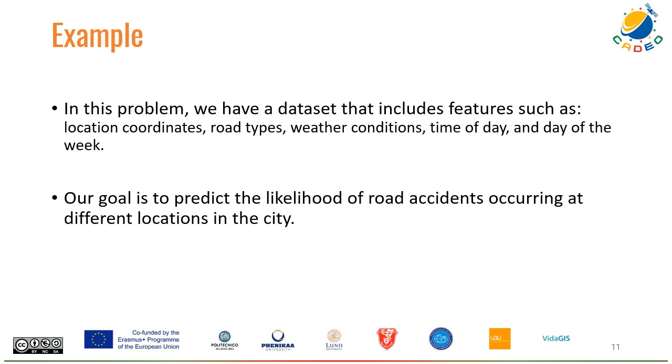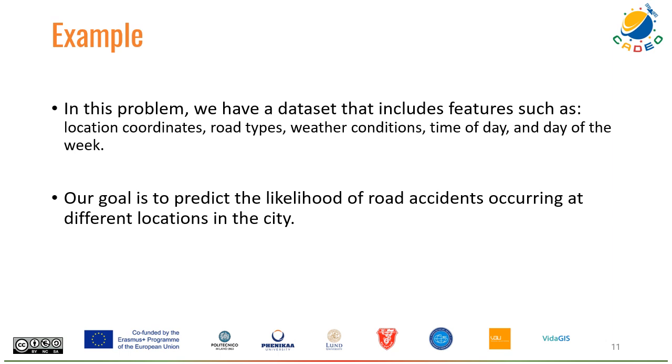Let us consider an example where stacking can be applied. In this problem, we are tasked with predicting the likelihood of road accidents occurring at various locations in the city using a dataset containing features such as location coordinates, route types, weather conditions, time of the day, and day of the week. This task is crucial for enhancing road safety and implementing preventive measures to reduce the incidence of accidents.